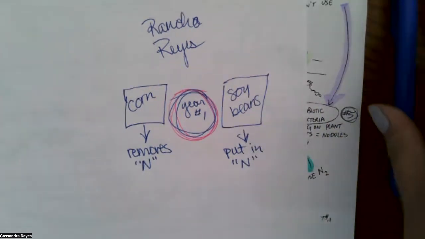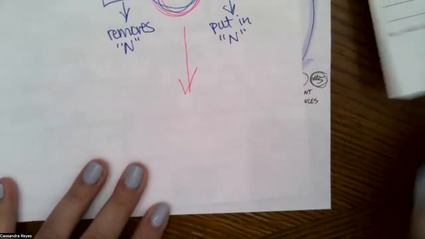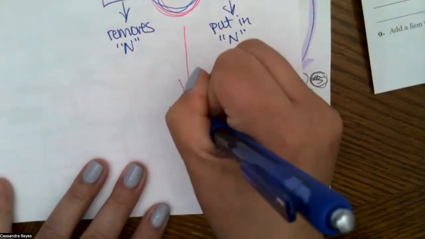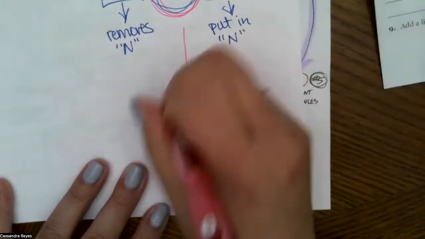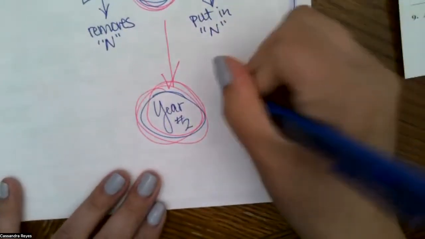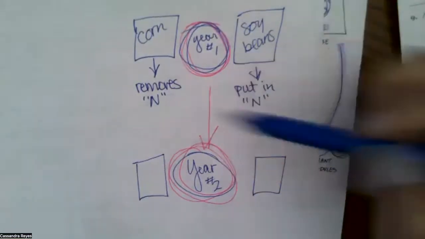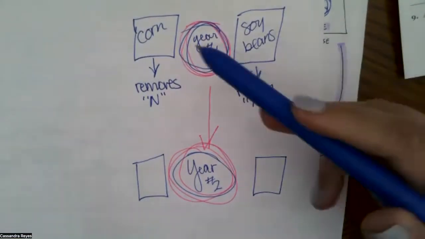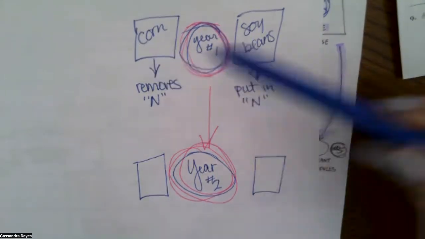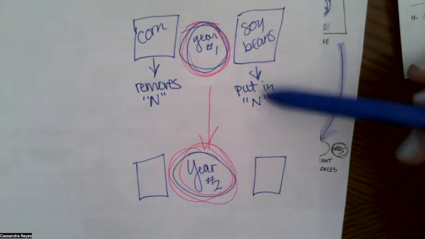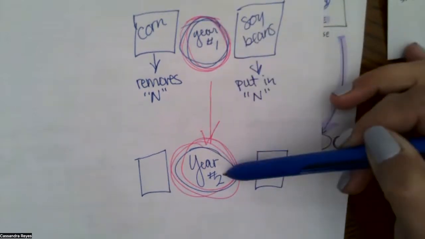So during year 2, for year number 2, basically what I'm going to ask you guys is, what do you think that we should do with these crops to basically resolve this lack of nitrogen and this extra nitrogen in the soil between year 1 and year 2?